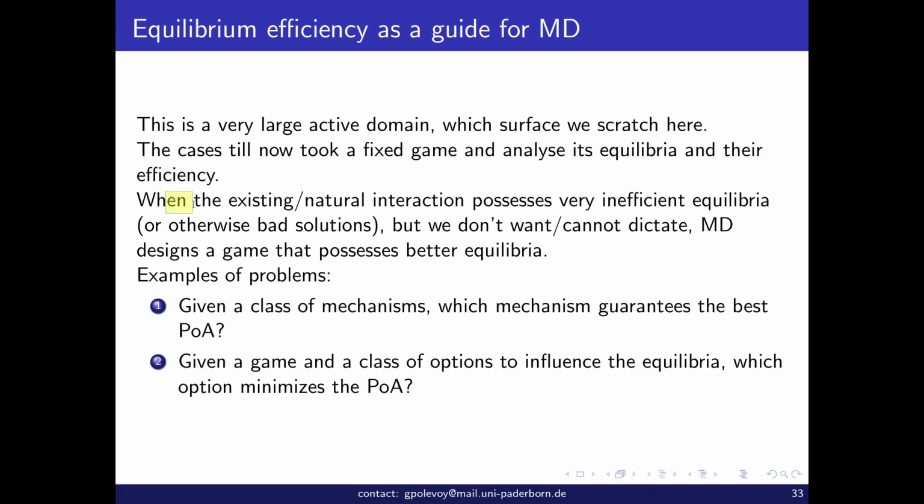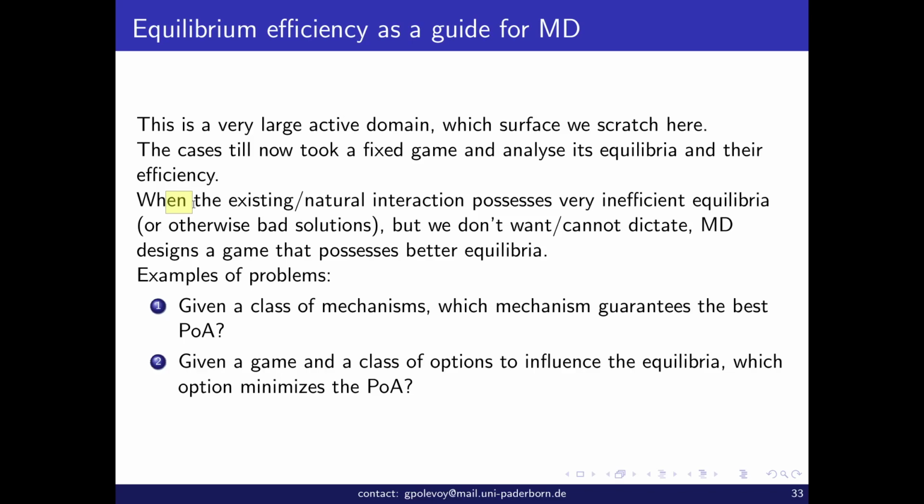Then we can, of course, try to dictate a solution, but sometimes it's unrealistic, especially when you have a network and we don't know actually what the players think. Or we don't want to dictate because we want the players to be and to feel free.